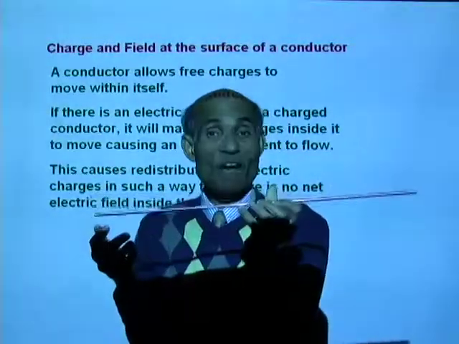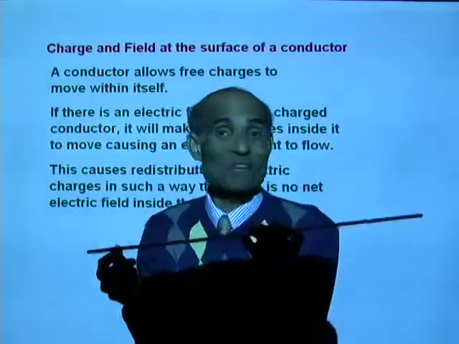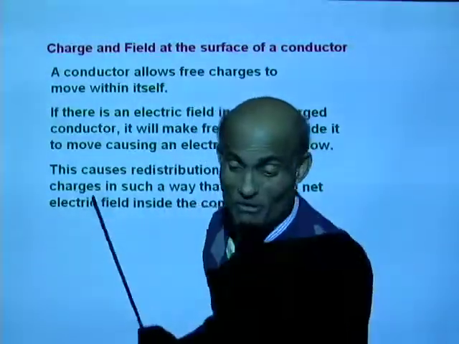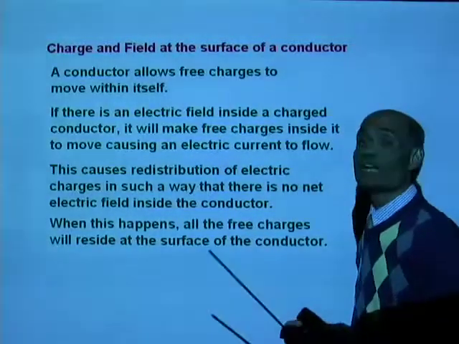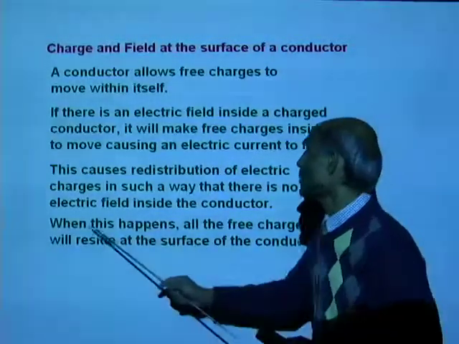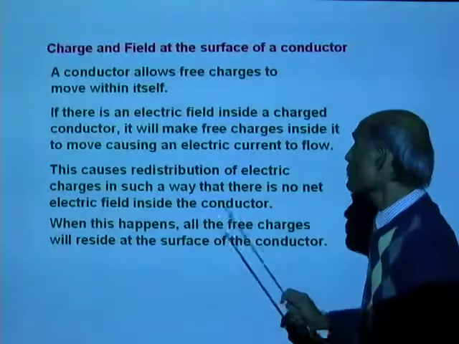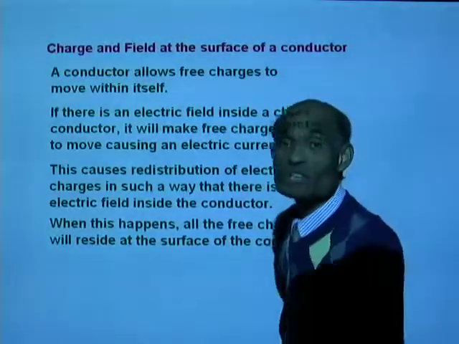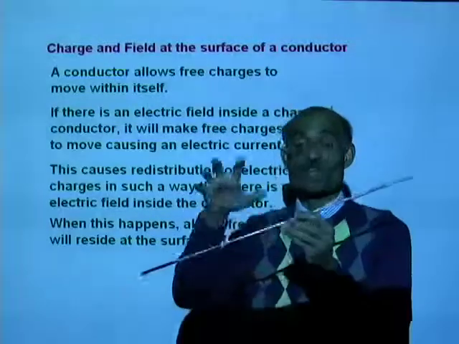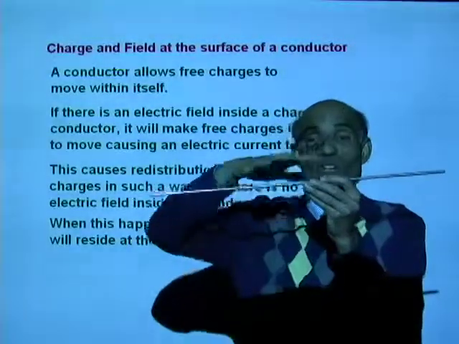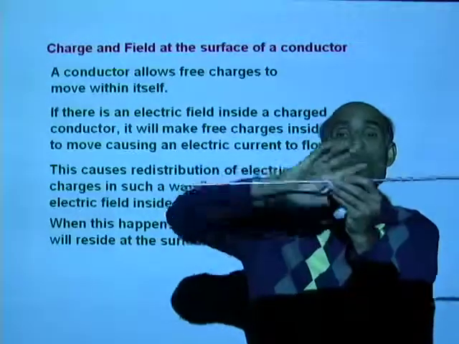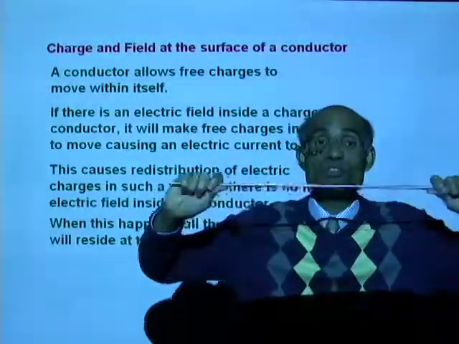Well, that would have been fine for us, but that doesn't happen. Therefore, our conclusion is there is no electric field inside a conductor. When this happens, all the free charges will reside on the surface. So, if you give free charges to a conductor, all those free charges will reside on the surface.